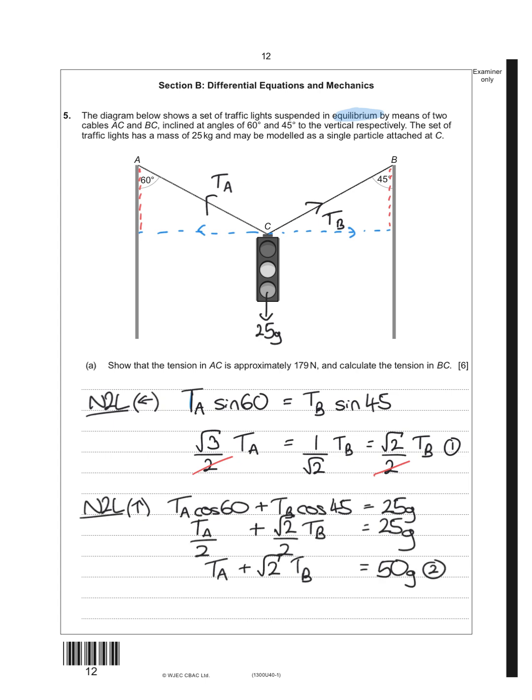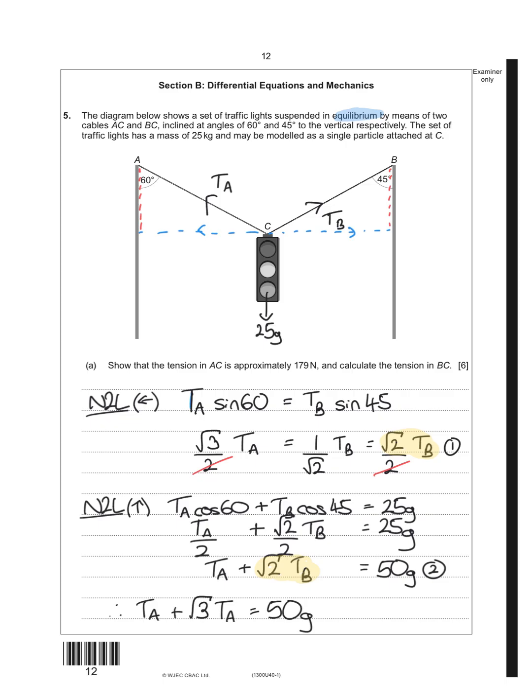And I know that from before, root 2 lots of TB is equal to root 3 lots of TA, and so I'm just going to sub that straight into there. So I can say therefore that TA plus root 3 lots of TA is equal to 50g.